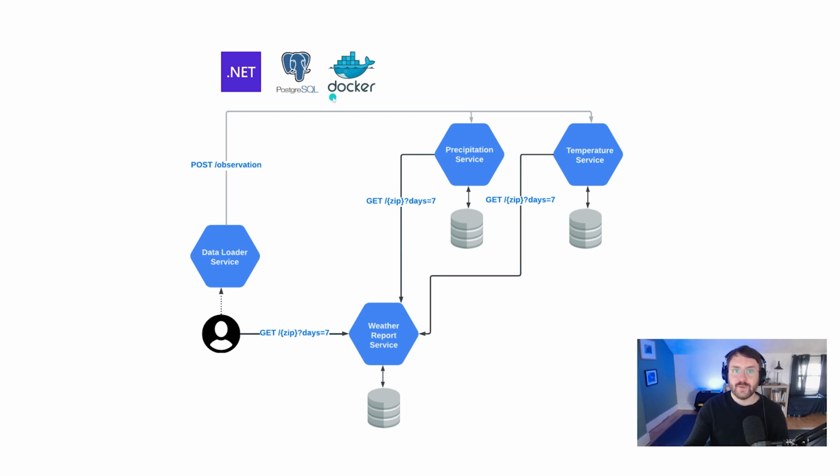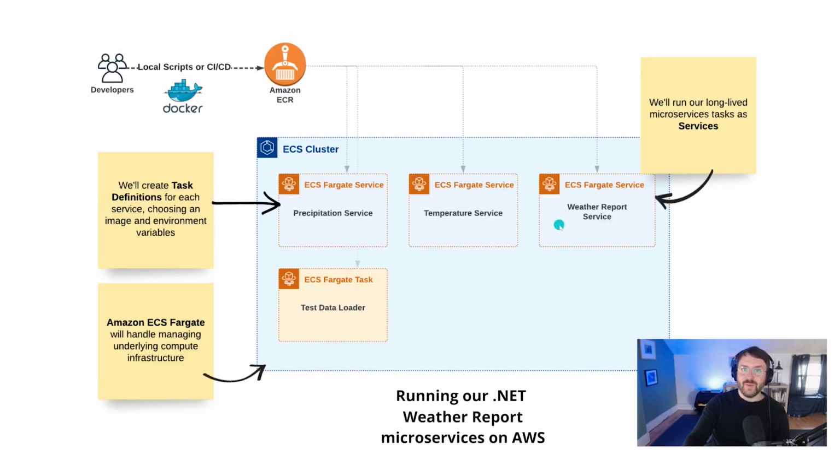And then the services, of course, will be containerized, and we'll look at how we actually deliver those containers to a container repository, or container registry, in a moment. So we're going to be deploying these services to a staging environment that we'll set up from scratch in AWS.